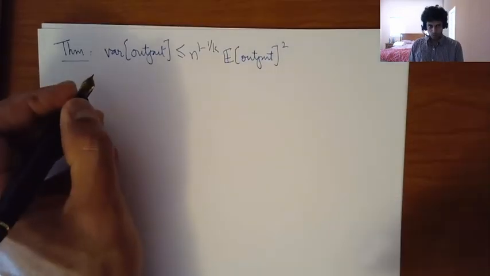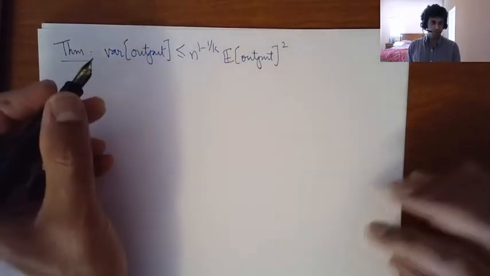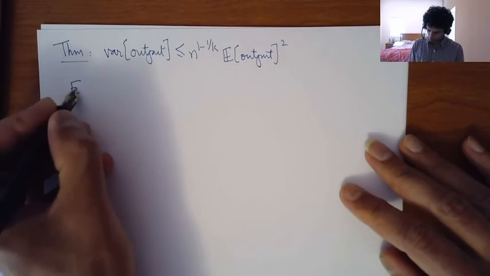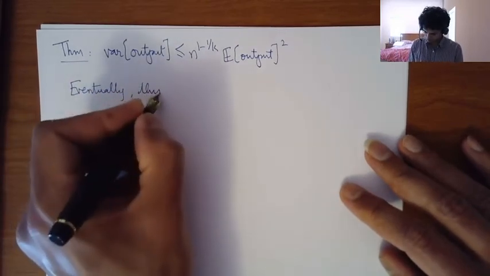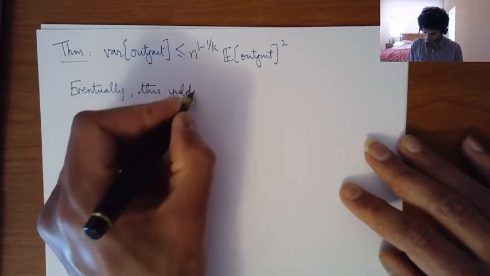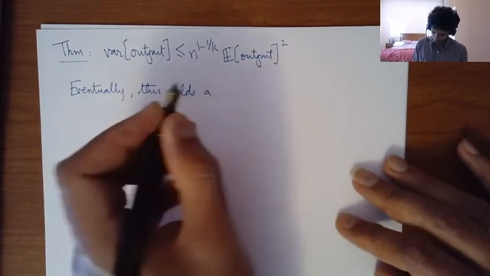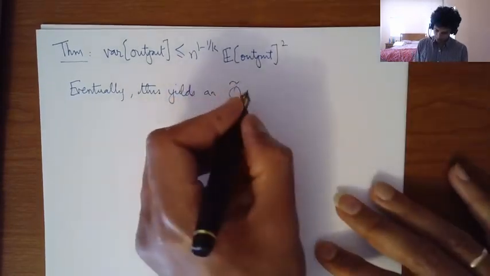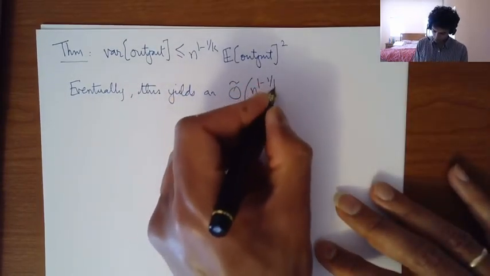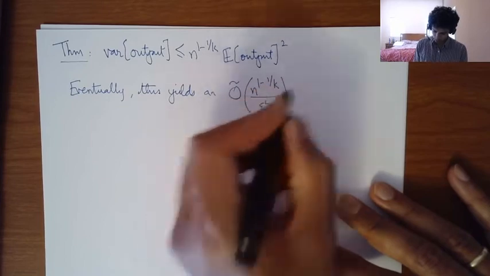But this requires some amount of algebra, and eventually this yields, and so I'll say it's a big O of tilde. There are some log factors that I'm hiding, but it's an n to the 1 minus 1 over k divided by epsilon squared space algorithm.